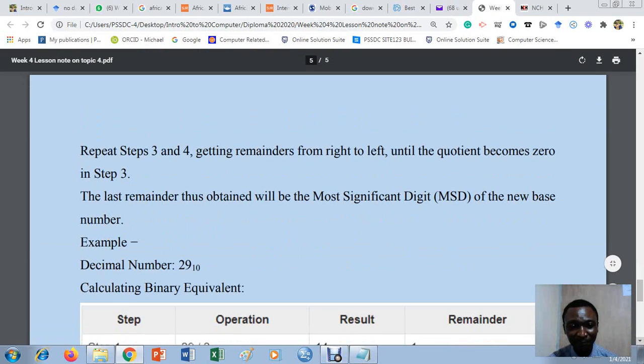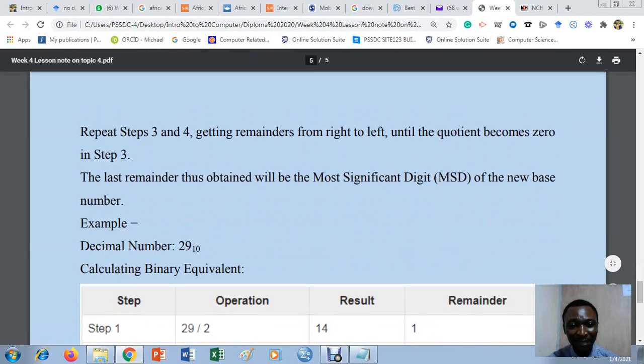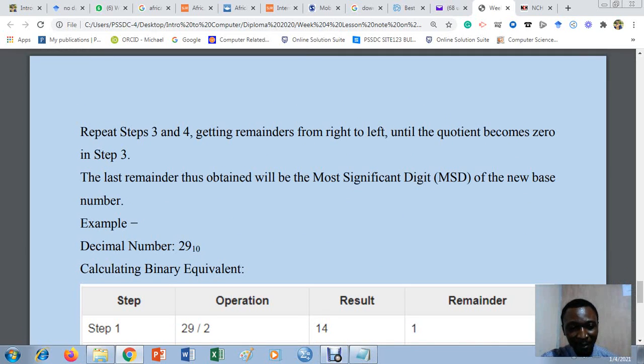Then you repeat steps 3 and 4, getting remainders from right to left, until the quotient becomes 0 in step 3. The last remainder obtained will be the most significant digit. If I ask you what you understand by MSD? MSD means most significant digit of the new base number.